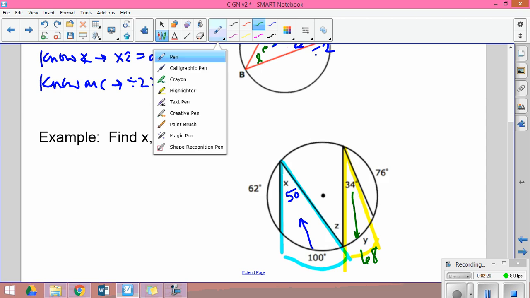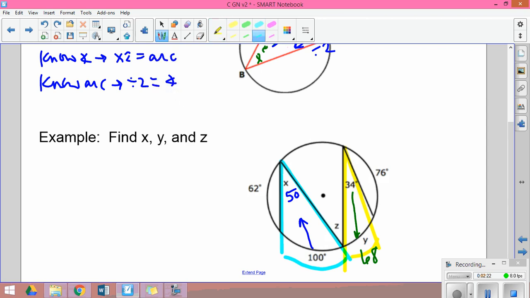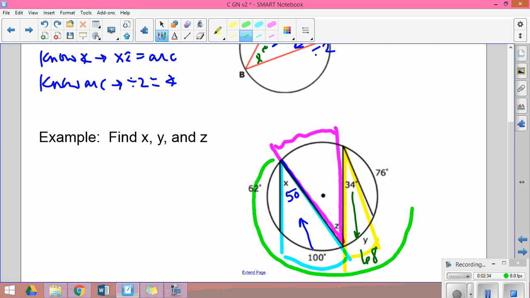Now initially it might seem that I don't have enough information to find z. But remember, all the way around a circle is 360 degrees.